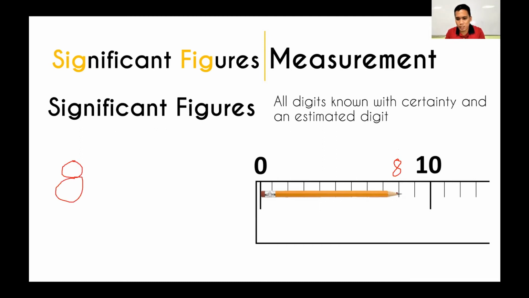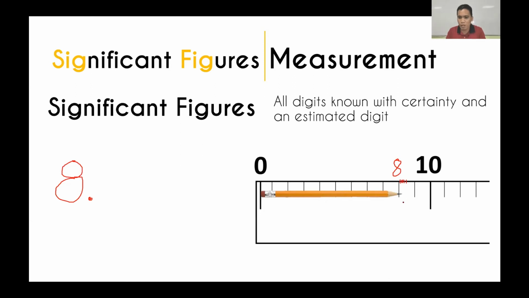Since this is calibrated by ones, we go to decimals: 0.1, 0.2, 0.3, 0.4, and 0.5.